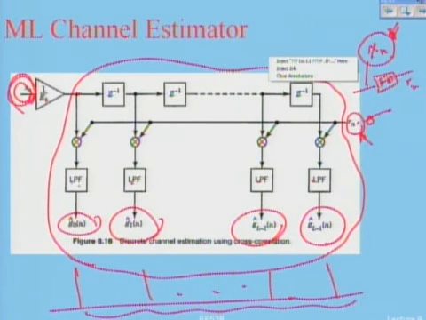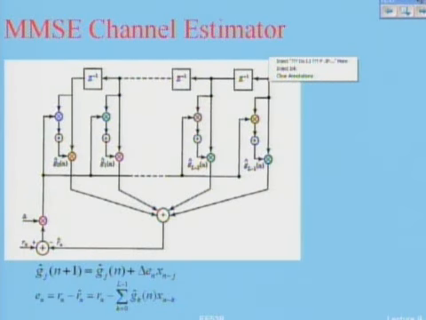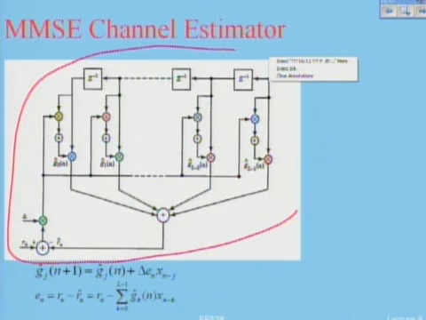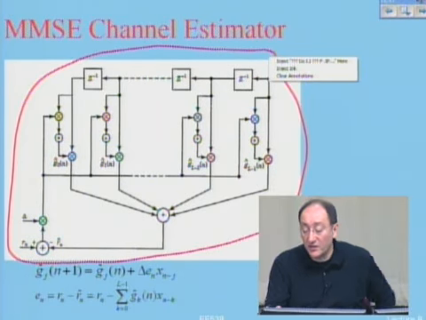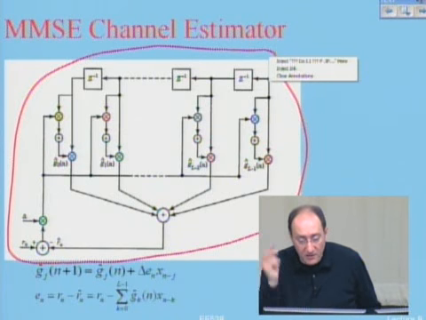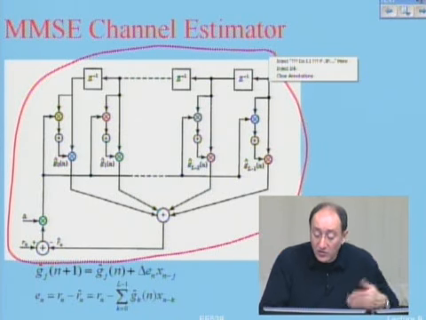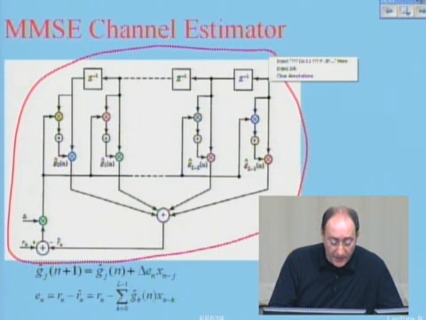The other way is, this is maximum likelihood; this one is minimum mean square error. Minimum mean square is a structure like this. This one also is available in a variety of sources, including my thesis, a very old one, and also John Proakis's book.